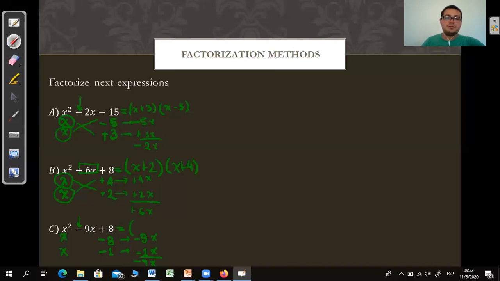So it means that our factorization here is x minus 1 times x minus 8. If you write first x minus 8 and then x minus 1, no problem. You're going to have the answer.